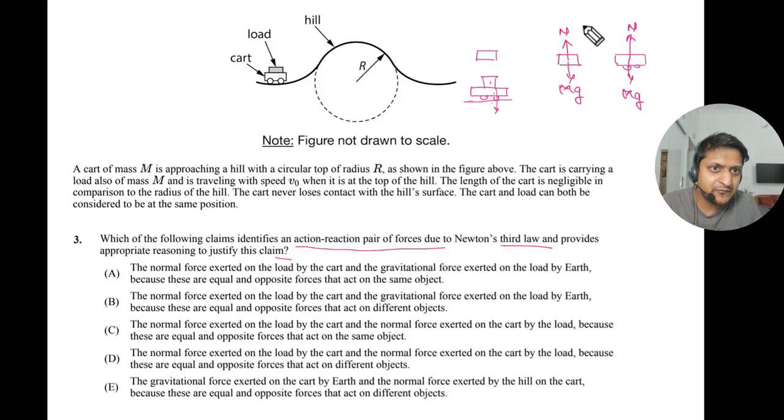So from here we know that this normal N will be equal to mg, and this normal will be there also, equal to mg. So this will be the total normal, that is mg plus mg.